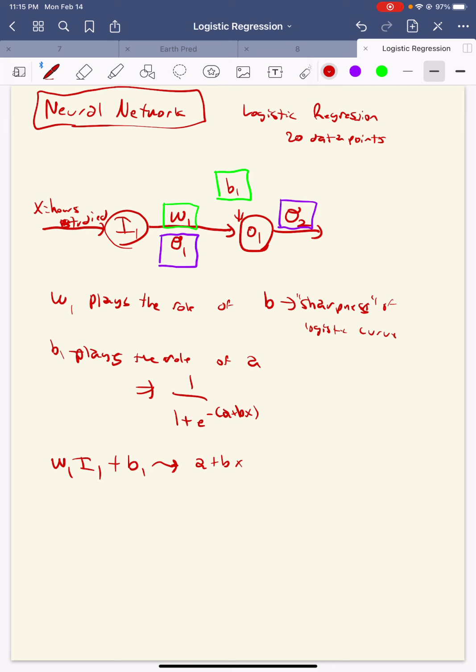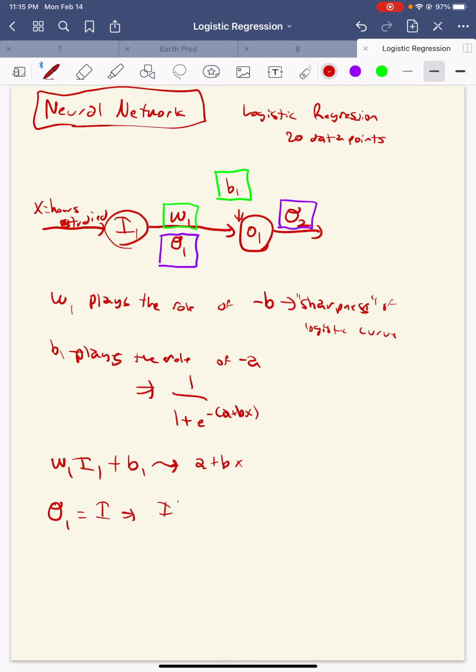So actually, this will be negative B and this negative A, but it doesn't matter. At the end, your optimization is going to figure that out anyway. So if we have W1 I1 plus B1, that means that sigma 1 is just the identity.